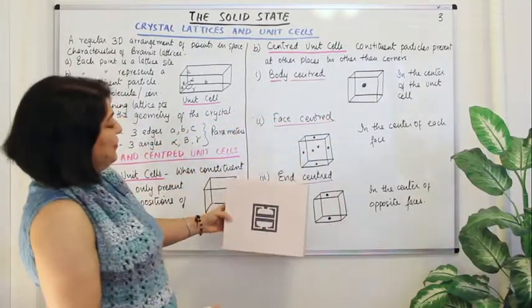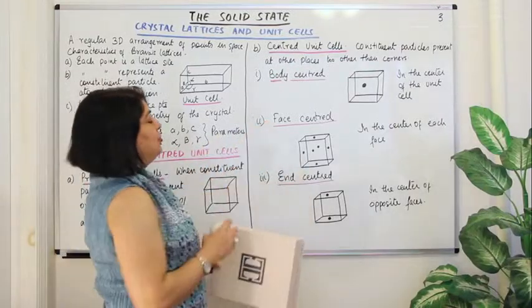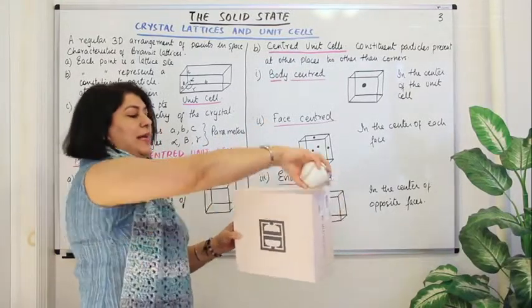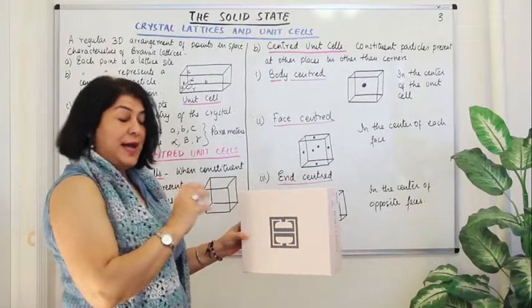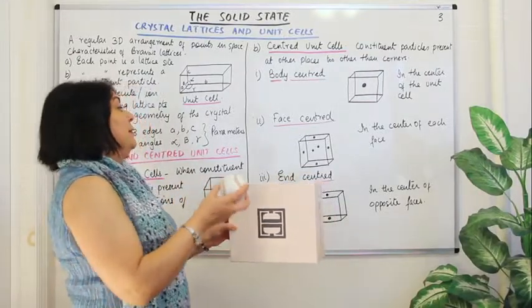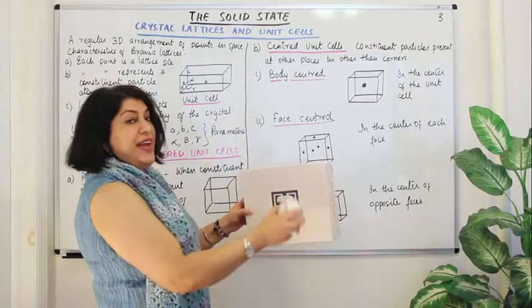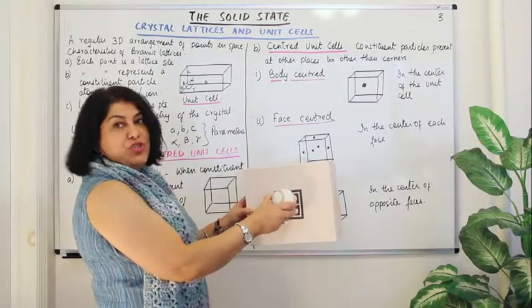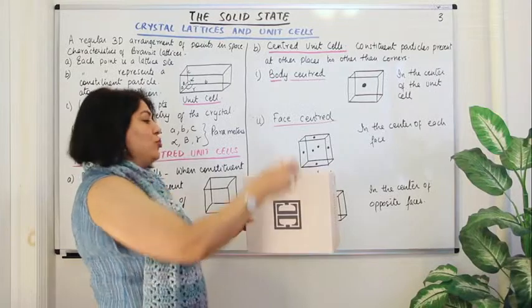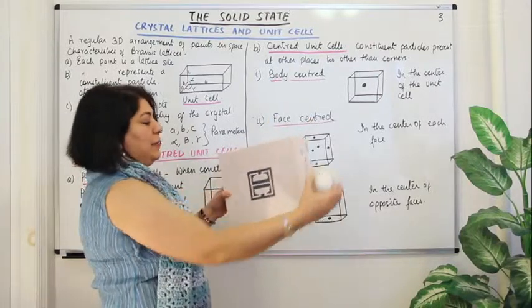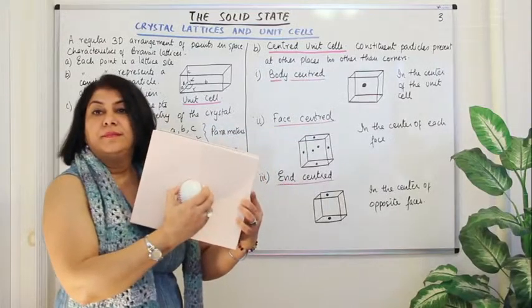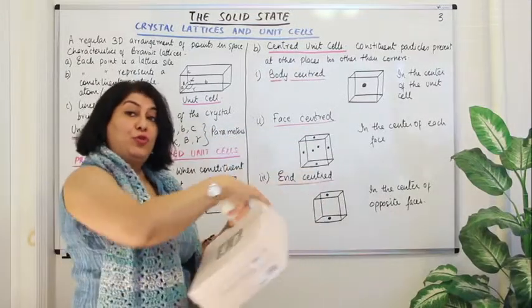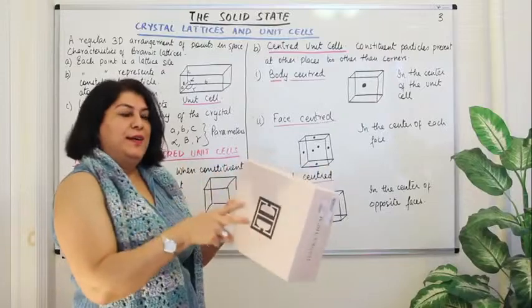So if there are 6 faces, a face-centered unit cell would be where all the 8 corners have got the constituent particles, the atoms, and each face, the center of each face also has a particle. So in every wall, in the middle of every wall, there is one particle. Not in the center of the body. You don't have to split open the unit cell.